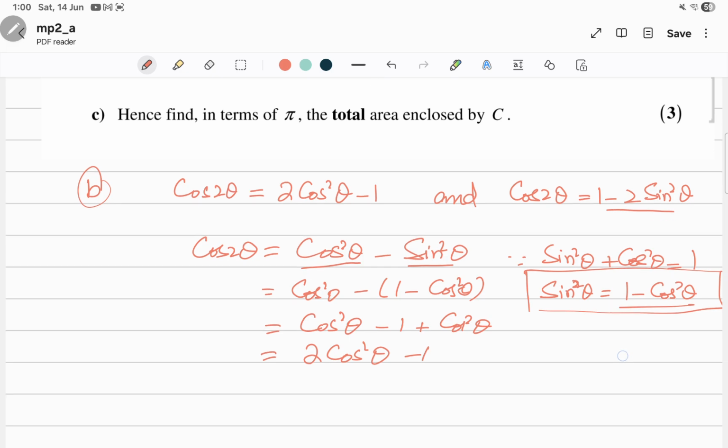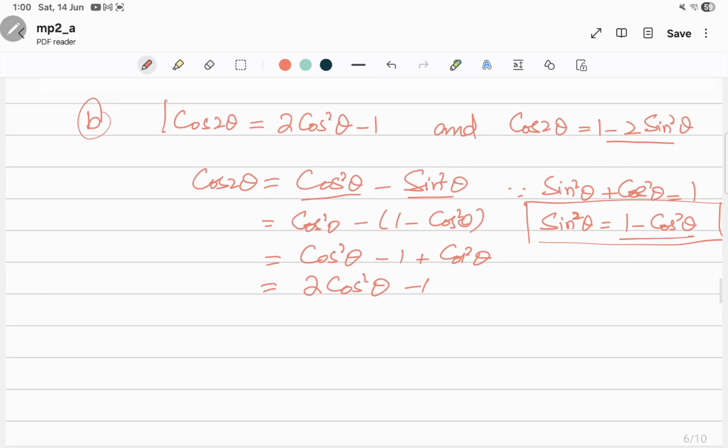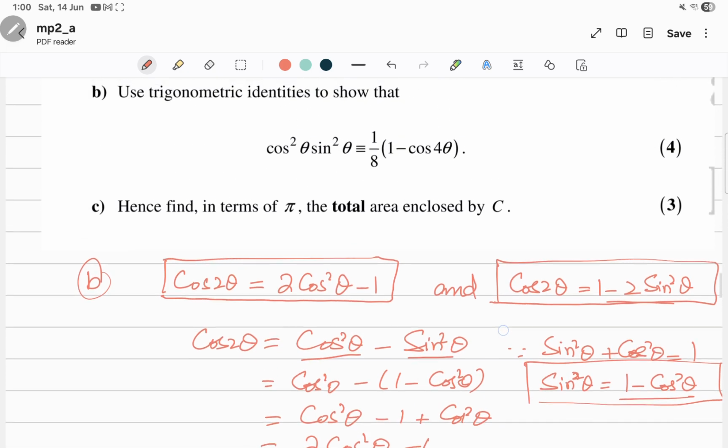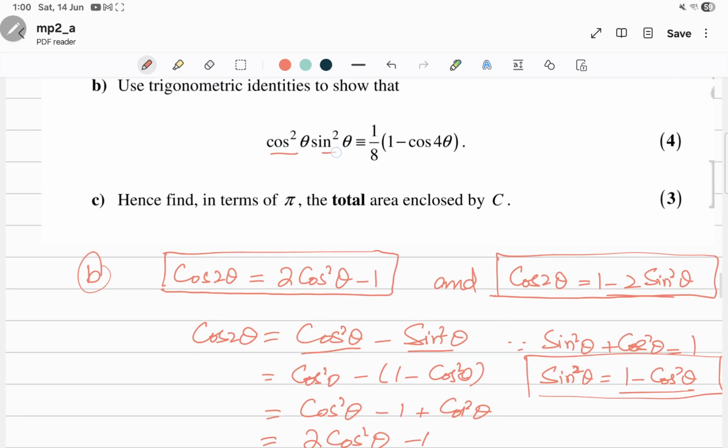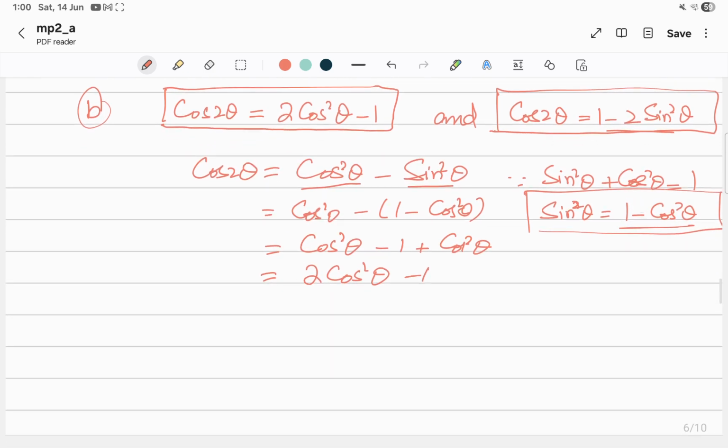Okay, so from these two identities, we can make the value of sine square and cos square, and we can sub back over here, and then we have to do some simplification. We need to apply some algebraic techniques to get this. So first we should make the cos square theta subject from this one.